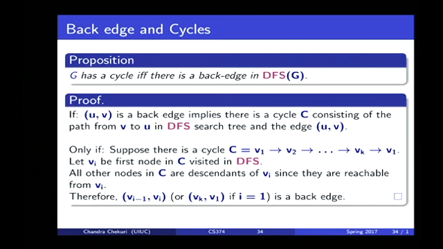So DFS will discover a backward edge if there is a cycle in the graph. A very important property is that not all cycles will be discovered by DFS.